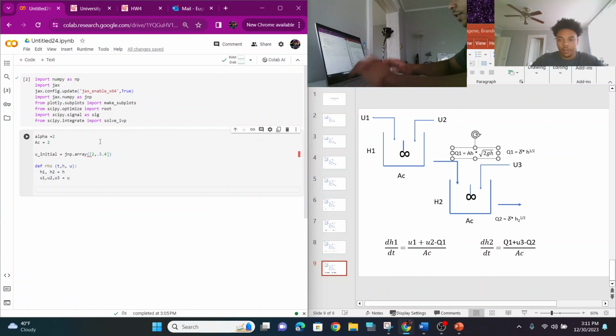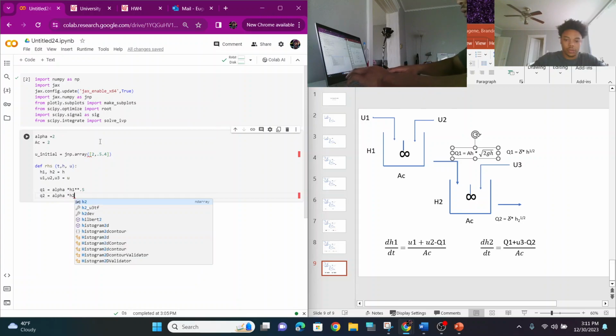And we also have our equation of alpha for our flow rate going out. So Q1 is equal to alpha times the square root of H1, which is the height of the respective tank, and Q2 is equal to alpha times the square root of H2.